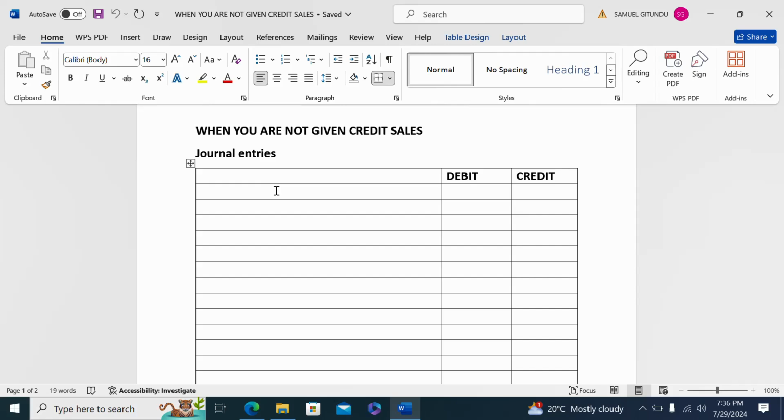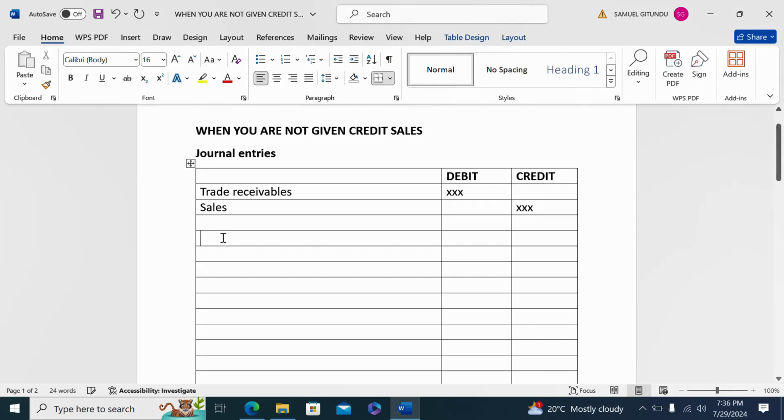So when goods are sold on credit, how do you record that transaction? You debit the trade receivables account and then you credit the sales account with the amount the goods are sold at.